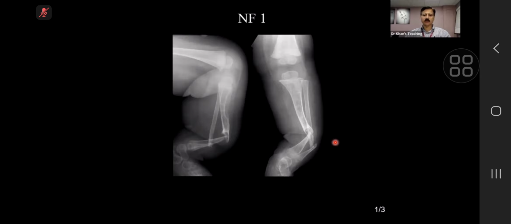I've shown you cases and the appearance. Nothing else can give you this kind of appearance. Of course, post-trauma is a different world, and post-infection is a different world. Clinically also, that will be different. So this is bone dysplasia, which can come as a long case also.